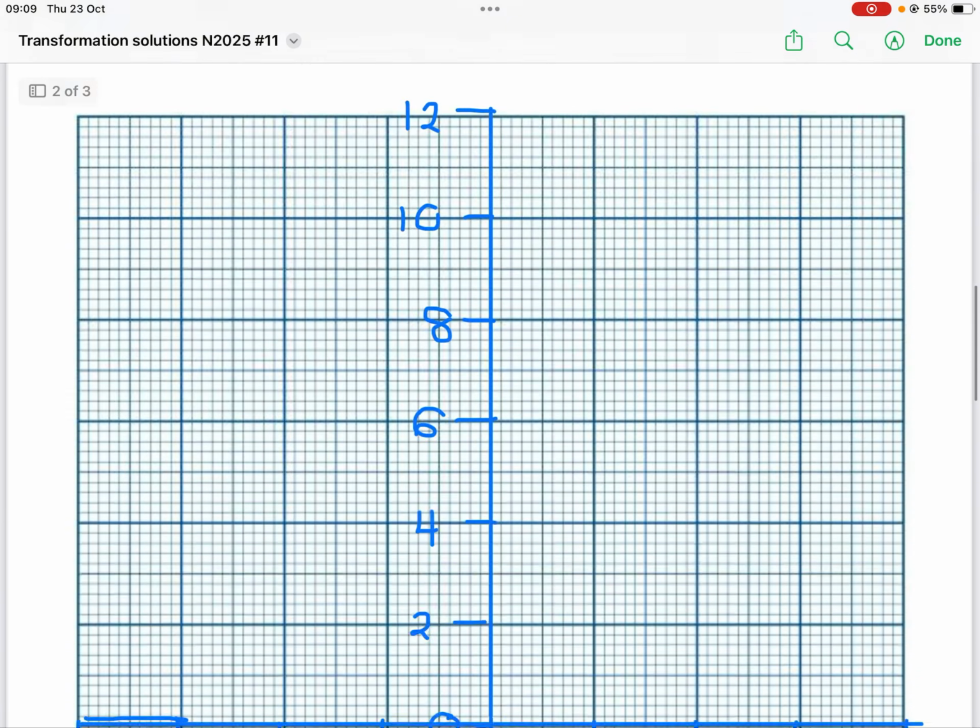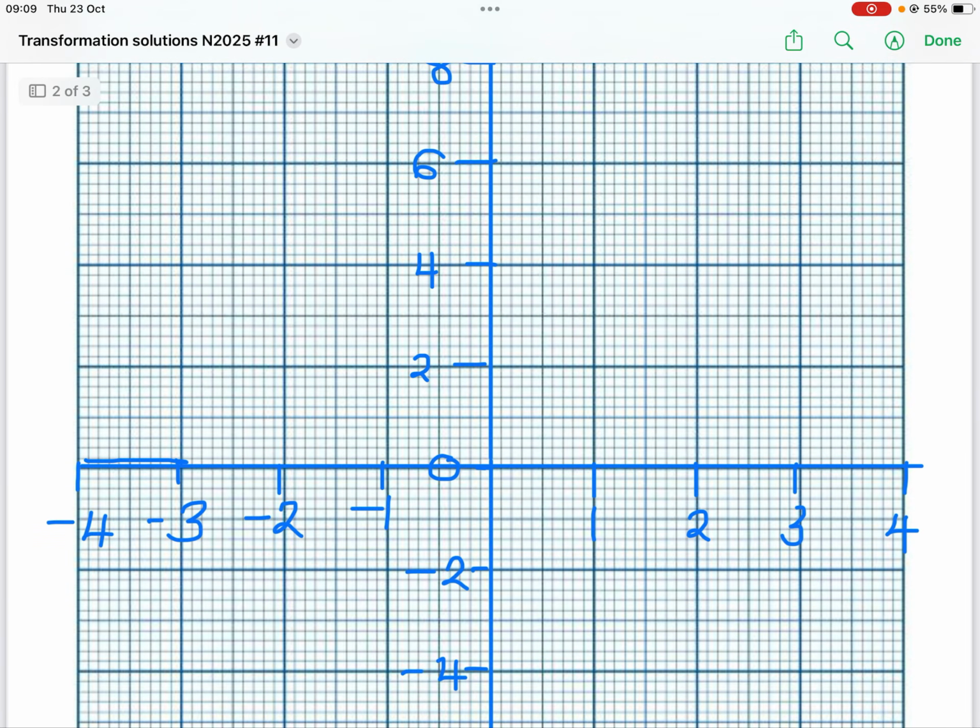So I'm going to illustrate here. The first coordinate, which is P, is (2, 2). So we are saying 2 on the x-axis, in line with 2 on the y-axis, it is this point. So we label it P. Next, we have (4, 6), 4 on the x-axis and 6 on the y-axis.